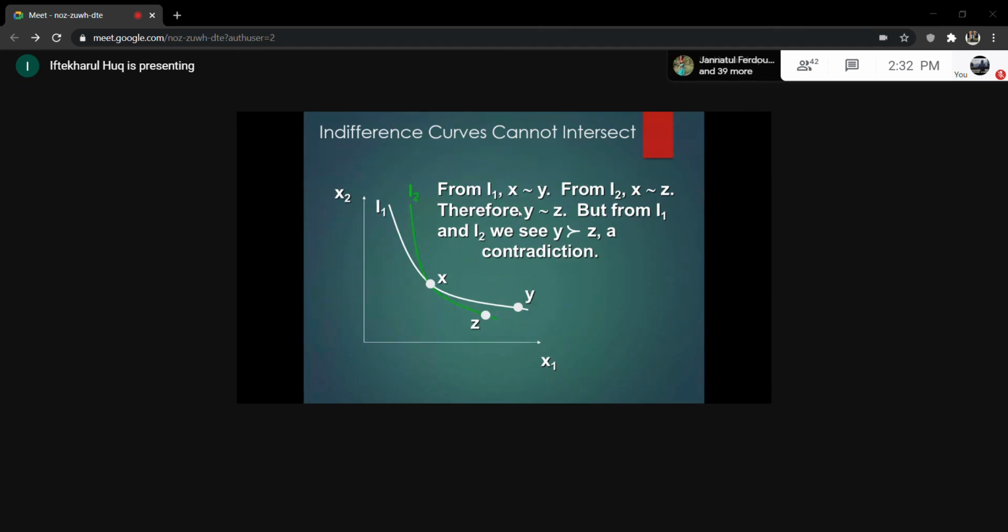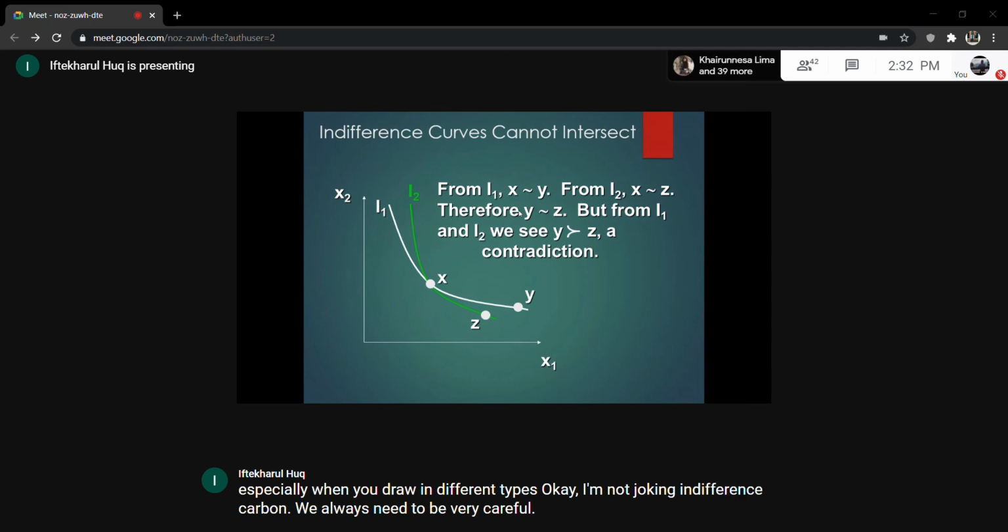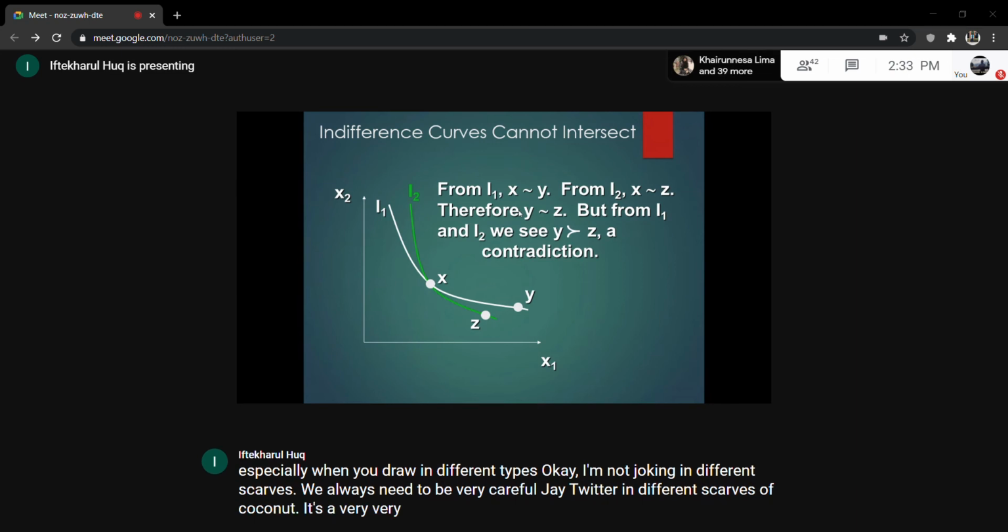Yes, sir. This is very, very, very important, especially when you draw indifference curves. Whenever we draw indifference curves, we always need to be very careful that two indifference curves never intersect each other. It's a very, very common mistake that students make.